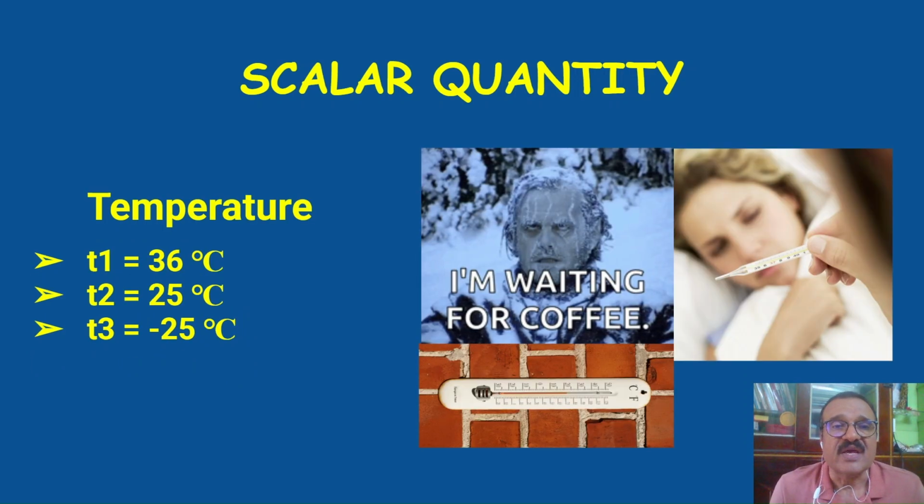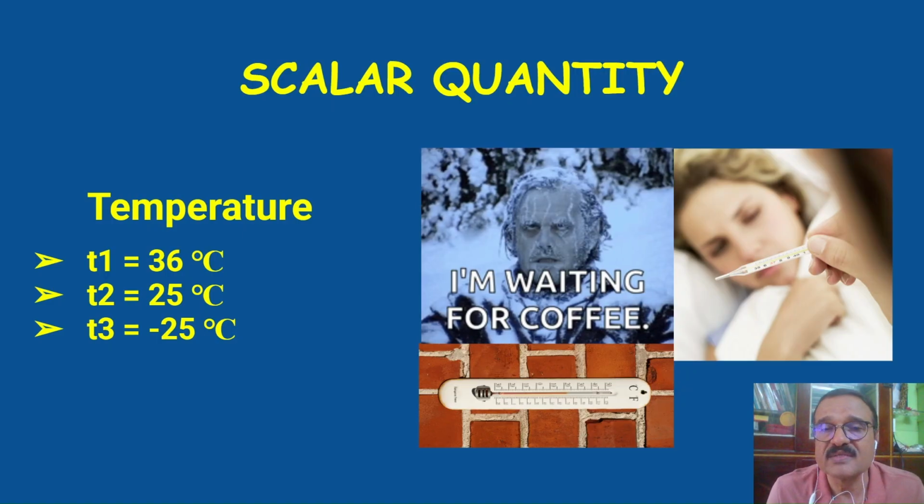Then temperature as a scalar quantity. In the first GIF, we see that a man is suffering from the cold and he is rather waiting for coffee. The temperature may be very low, like T3 equal to minus 25 degree Celsius.